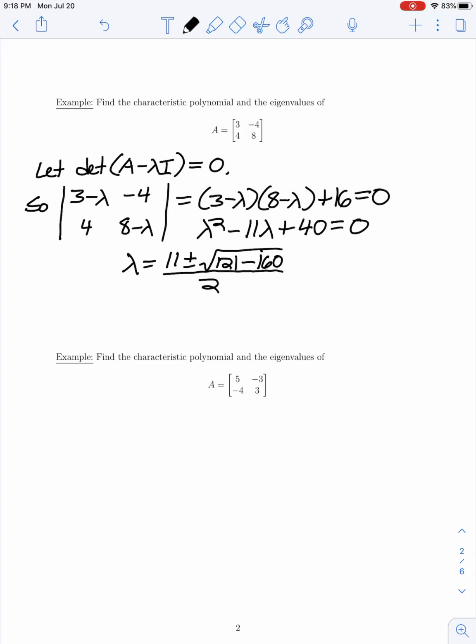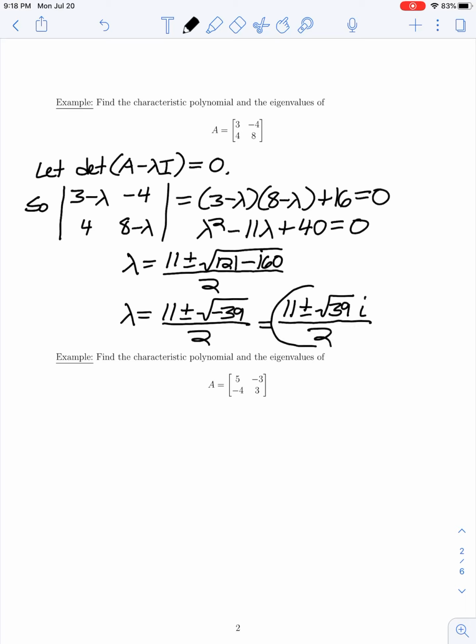So now we are left with lambda equals 11 plus or minus the square root of negative 39 all over 2. So here we would have 11 plus or minus the square root of 39i over 2, where i is the imaginary number square root of negative 1.